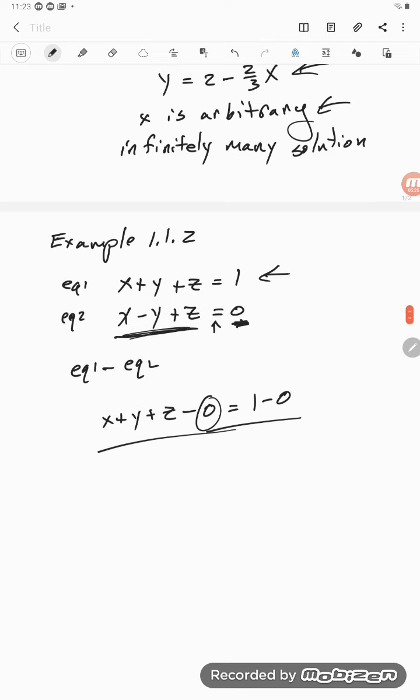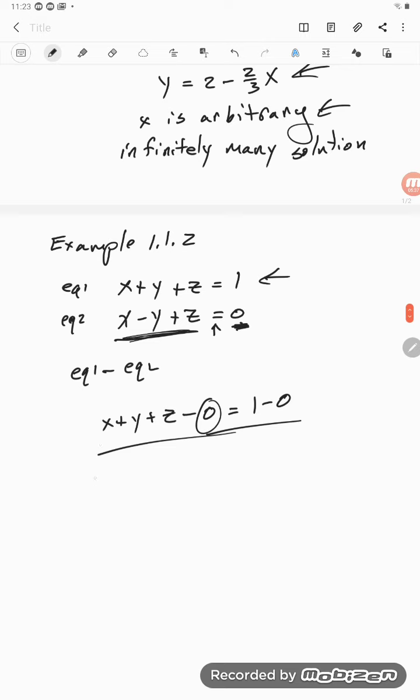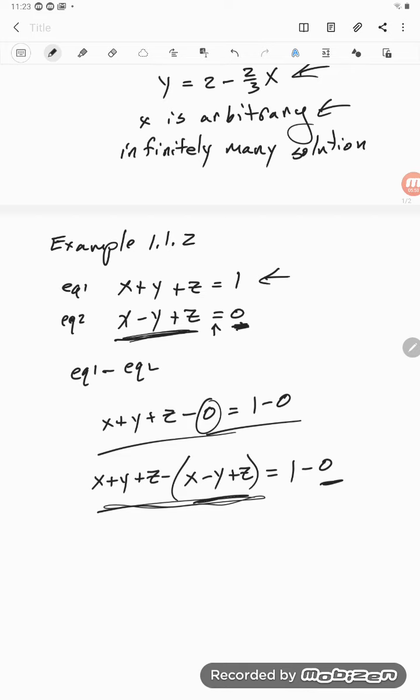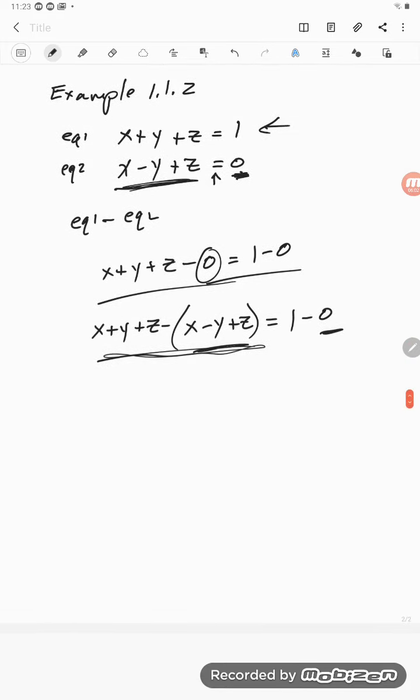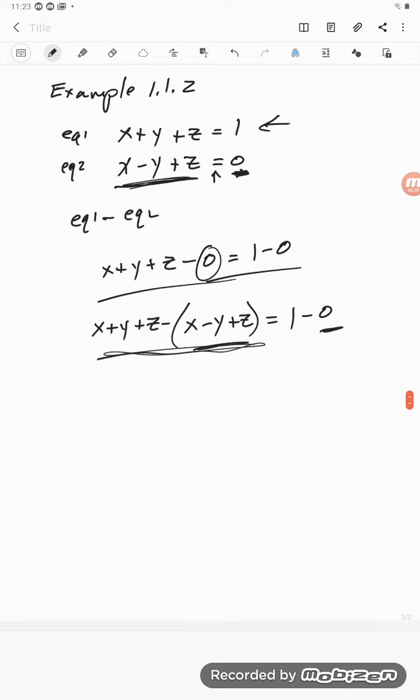And so here, instead of using that 0, I'm using 0 written this way, x minus y plus z equals 1 minus 0. So there I subtracted 0, there I subtracted 0. I get equivalent equations. Now this is not the way I suggest you do that subtraction. That is very prone to error and it's just kind of messy.